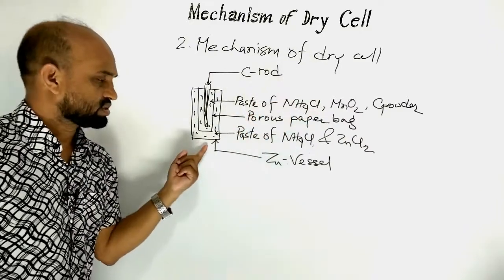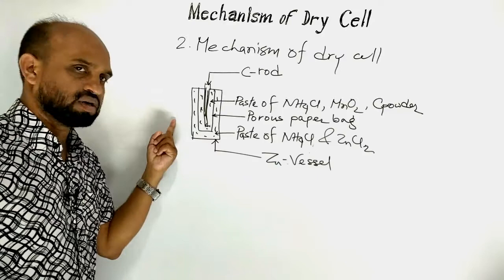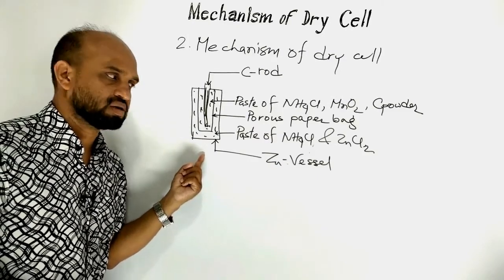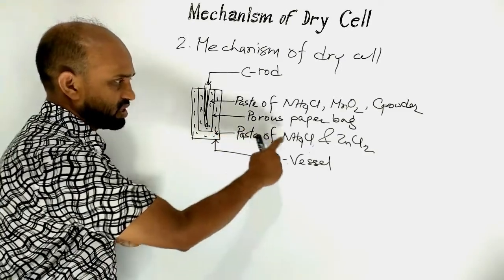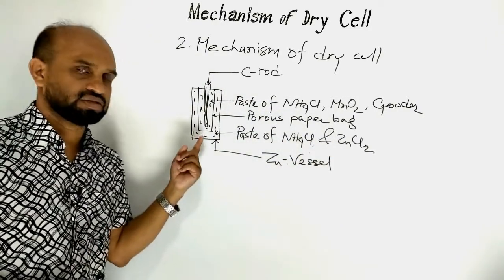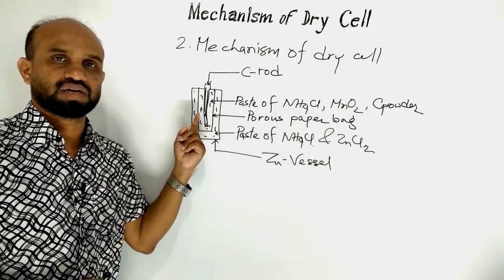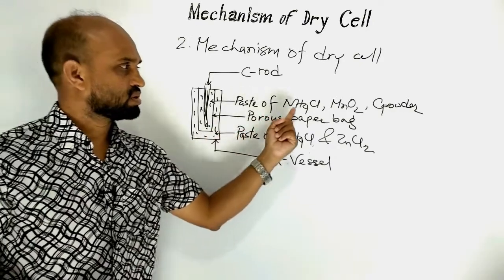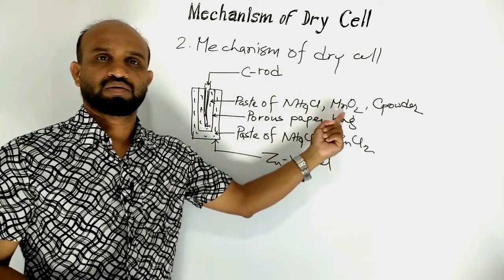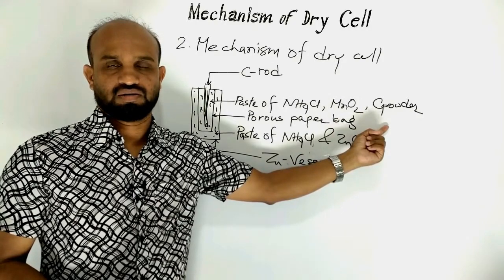Here this is the dry cell, in which in the cylindrical vessel there is a paste of ammonium chloride and zinc chloride, and inside the zinc vessel there is a porous paper bag. Inside this bag, a paste of ammonium chloride, manganese dioxide and carbon powder is taken.